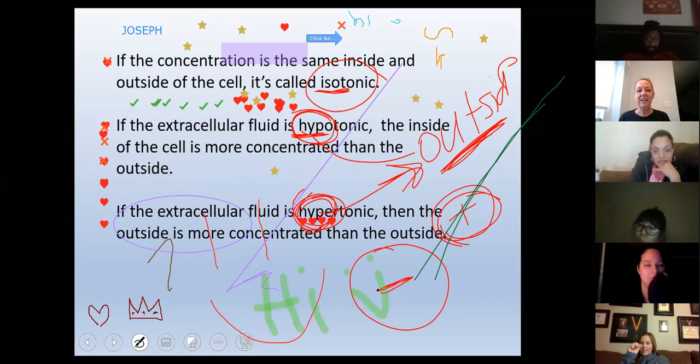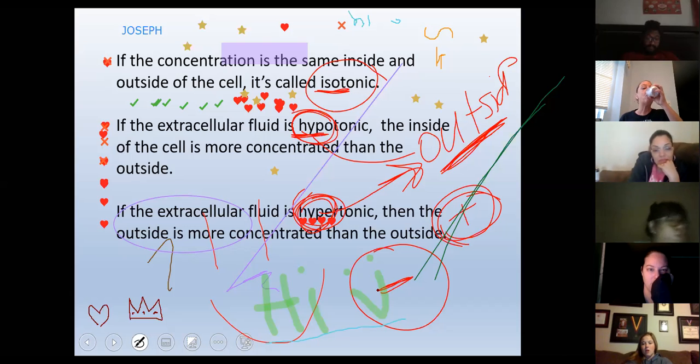All right, so here's what I want you to do. We now have on my cells an area of low concentration inside the cell and an area of high concentration outside of the cell. Somebody draw an arrow and show me how our fluid is going to move to dilute.